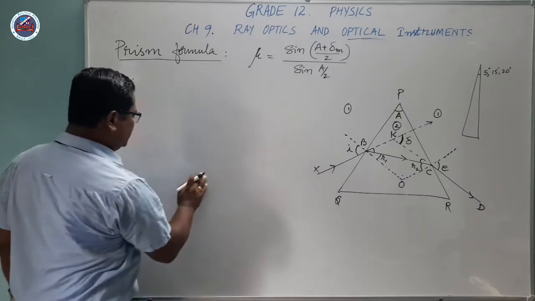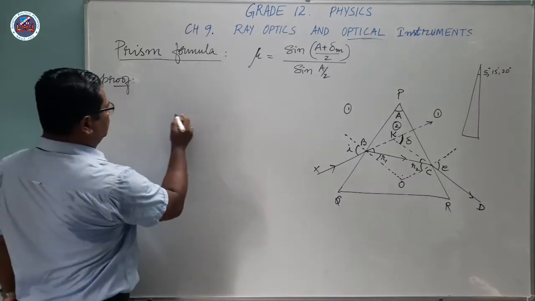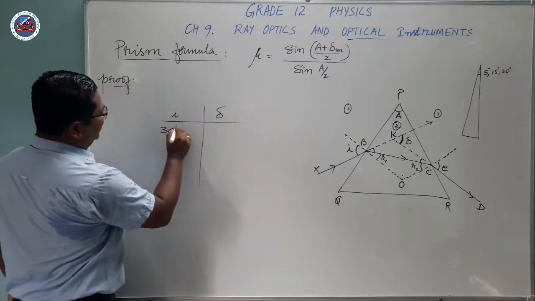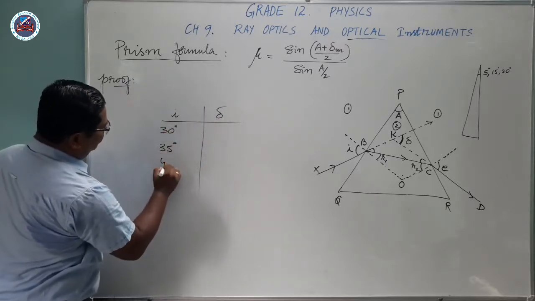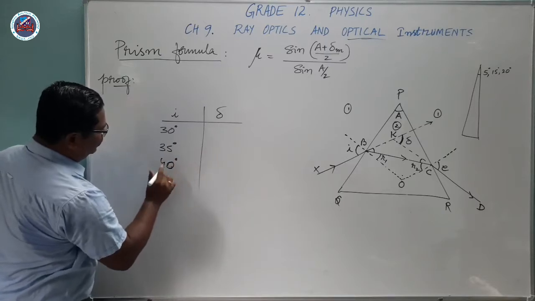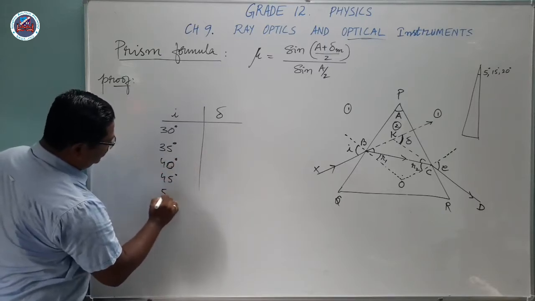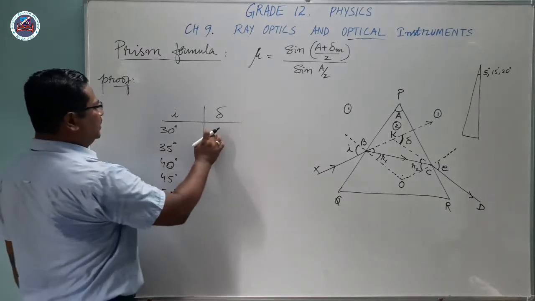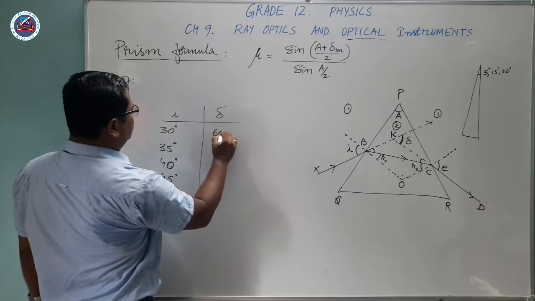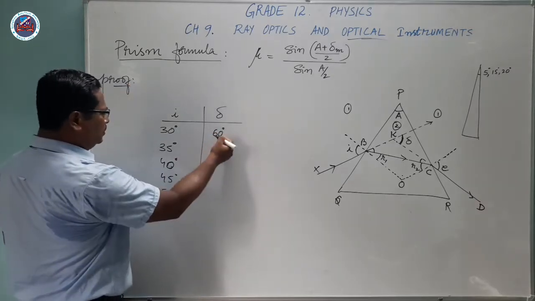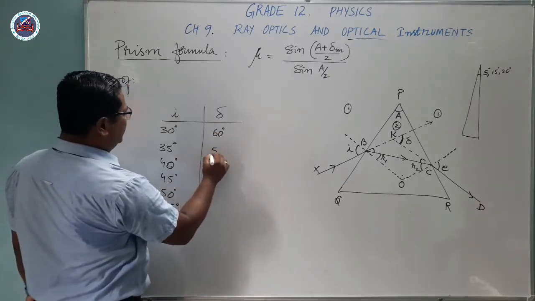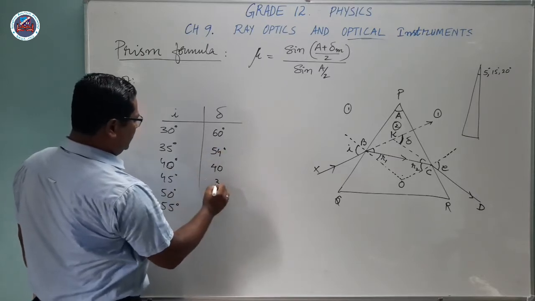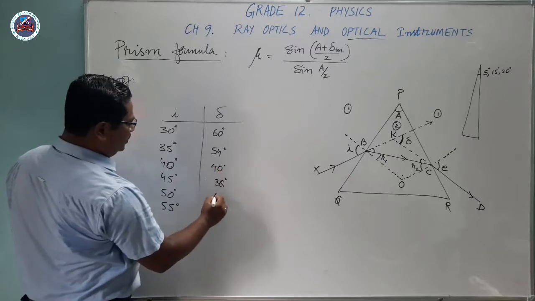It will look somewhat like this. Suppose this is the angle of incidence and this is the angle of deviation. For smaller angles, 30, 35, 40, 45, 50, 55 degrees and so on, if you go on increasing the angle of incidence, at first the deviation will keep decreasing: 60, 54, then 40, then 38 suppose, and then it will go on increasing again.